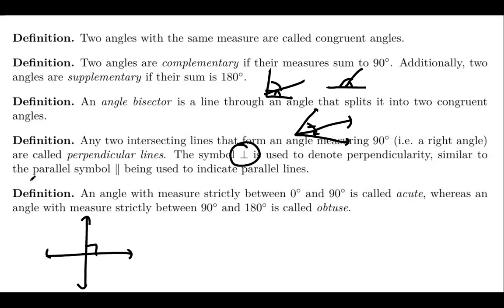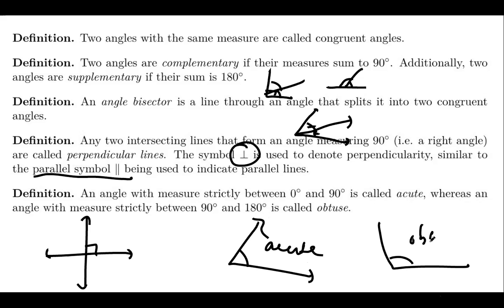It's also worth mentioning that we use two double lines to mean two lines are parallel. And then an angle that's between 0 and 90 degrees is acute. So this is an acute angle, and this is obtuse.